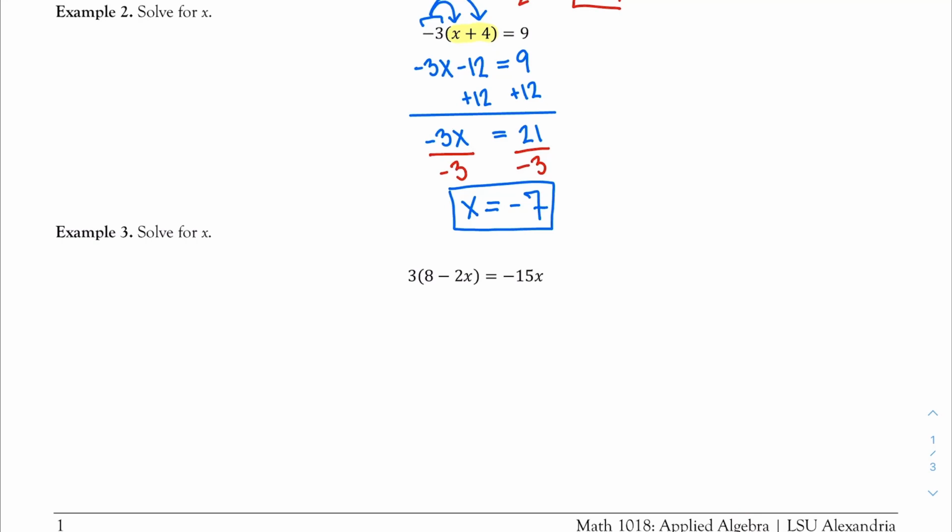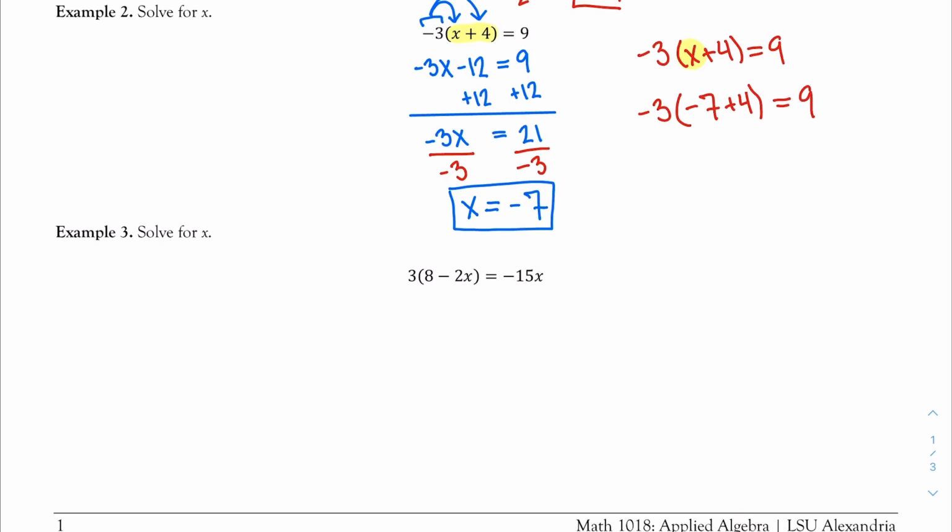I'm going to look at my original equation, -3 times (x + 4) equal to 9, and anywhere that there is an x, I'm going to replace it with my potential answer. If I change out this x with -7, I want to make sure that I get 9 on the left and 9 on the right. Let's check it out.